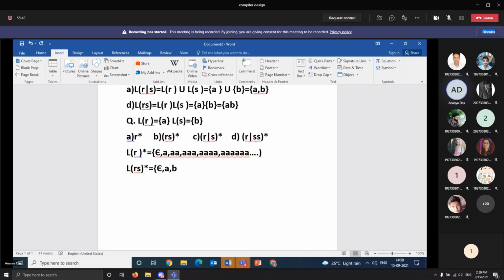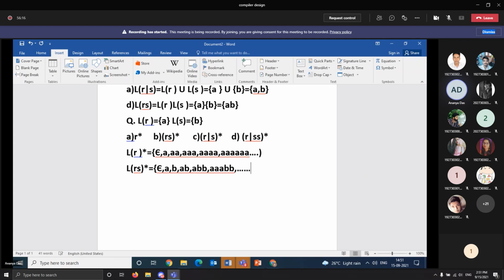Single occurrence of A is allowed. Single occurrence of B is also allowed, if we assume R is null. If R is null, then null followed by S means only a single occurrence of B, which you can also allow. A single occurrence of both, AB, is also an allowed string here, or a single occurrence of A followed by multiple occurrences of B, that is allowed. Multiple occurrences of A followed by a single occurrence of B, or multiple occurrences of B, is allowed, and so on.